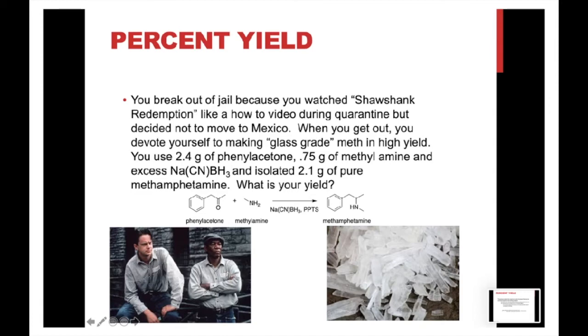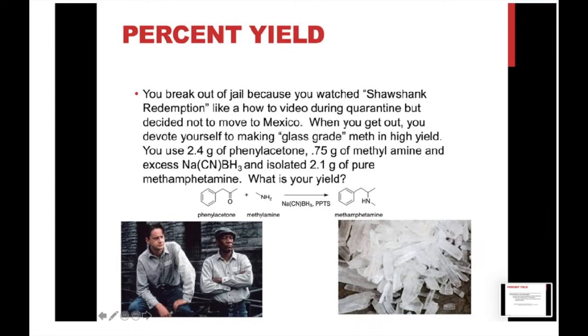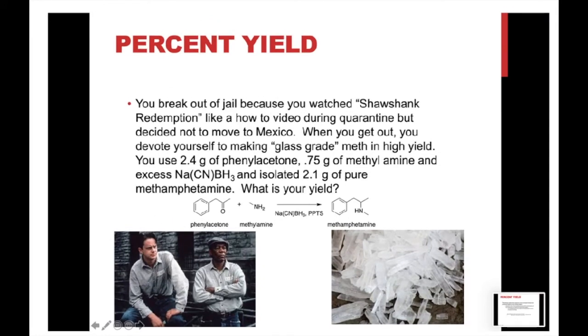So you're going to start out with 2.4 grams. Oh, I didn't mean to move it. We're going to start out with 2.4 grams of phenylacetone, which is this compound here. We're going to have 0.5 grams of methylamine, which is this. And that's going to make 2.1 grams of that good stuff, right?